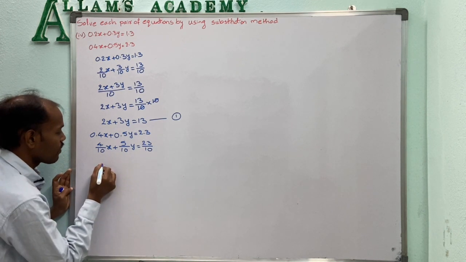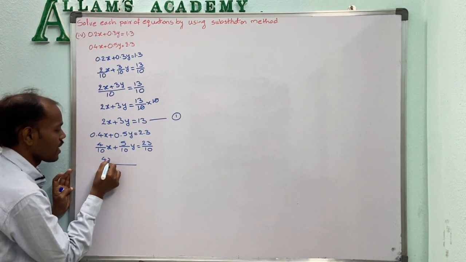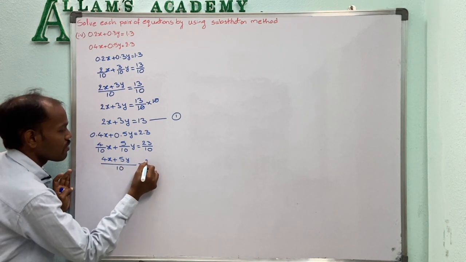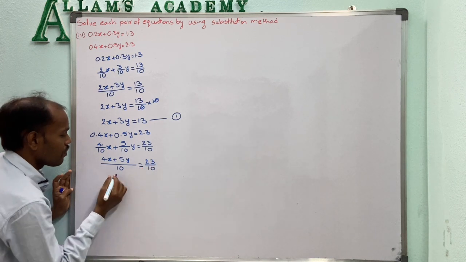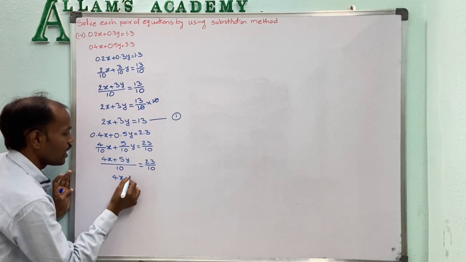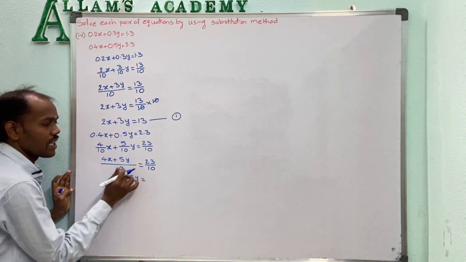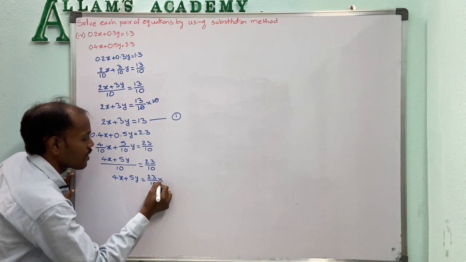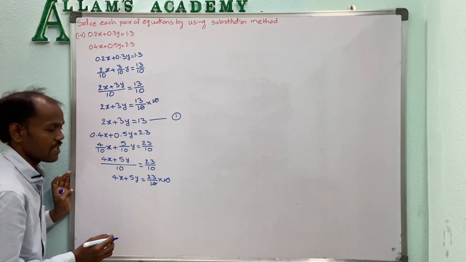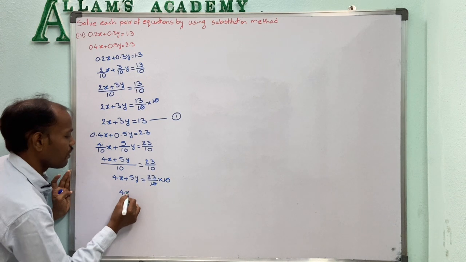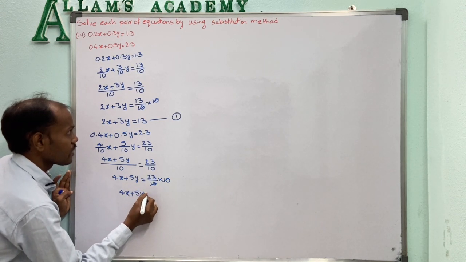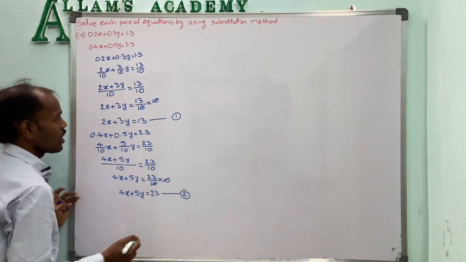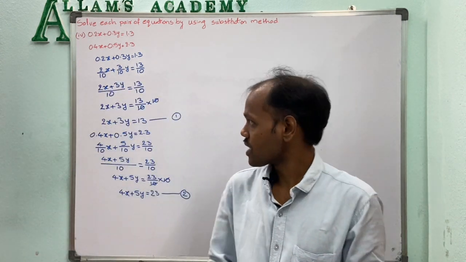Now here also, like fractions, directly adding the numerators, 4x plus 5y by 10 equal to 23 by 10. 4x plus 5y equal to, now this denominator transferring, so that is multiplication. 23 by 10 into 10, 10 gets cancelled, that means 4x plus 5y equal to 23.